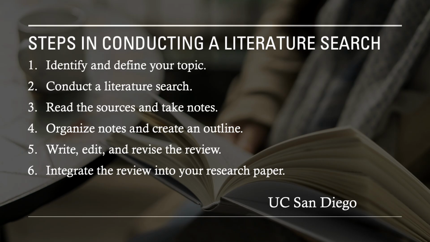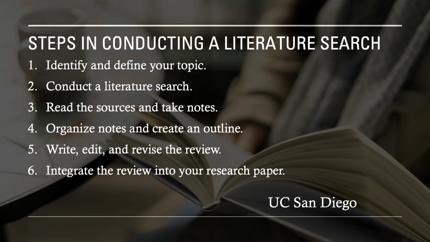Third, after collecting the materials, the researcher reads through the sources carefully and takes detailed notes. Notes should capture key ideas, important findings, and page numbers. This is often the most time-consuming step, but it is where the researcher gains deep understanding of the topic and begins noticing patterns or gaps in the literature.